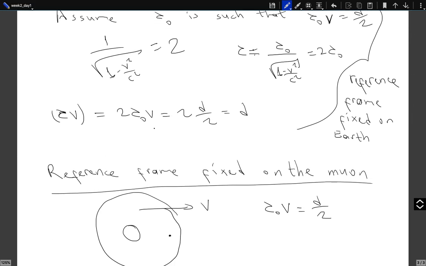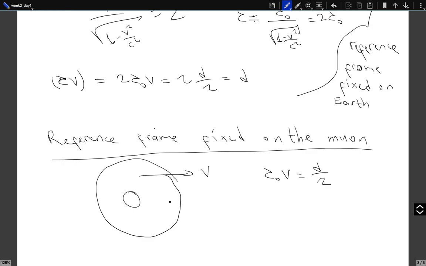But if the muon decays on the surface of the Earth, for every observer, it will decay on the surface of the Earth. But until the surface of the Earth, the muon can only travel a distance d over 2. So in this new reference frame, this distance should be d over 2. So the length should be different for different observers.